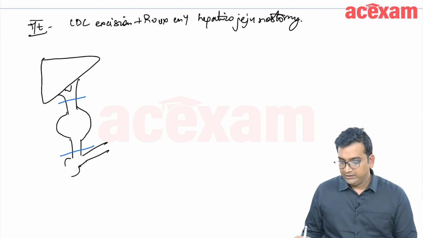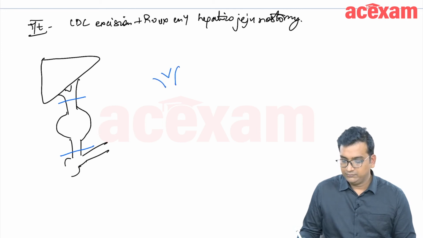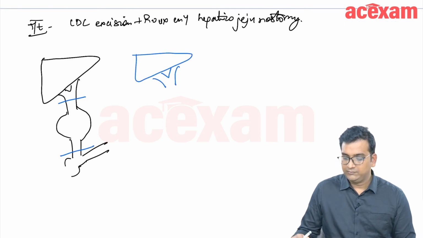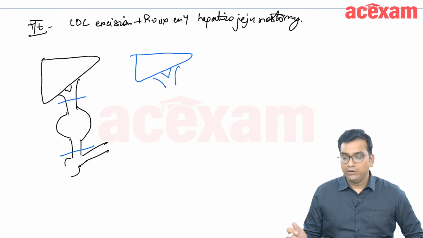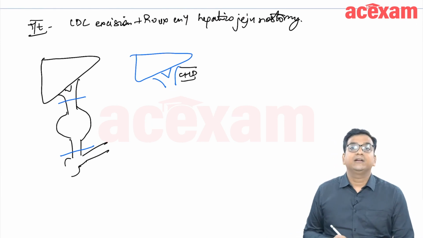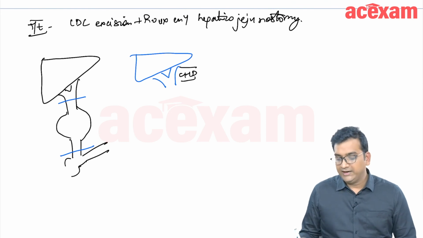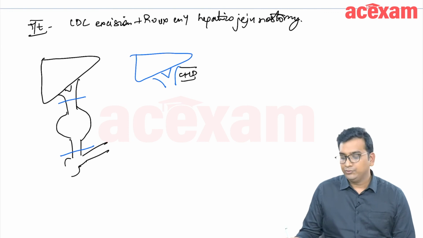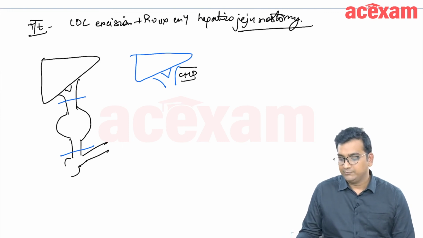Okay. So now we are left here with the common hepatic duct, and we have excised the whole of the bile duct. Now, we want to drain this bile, and to drain this bile, we'll have to use a loop of jejunum.